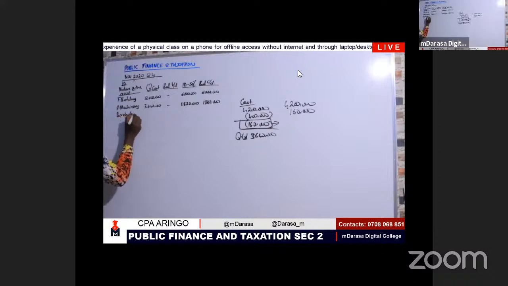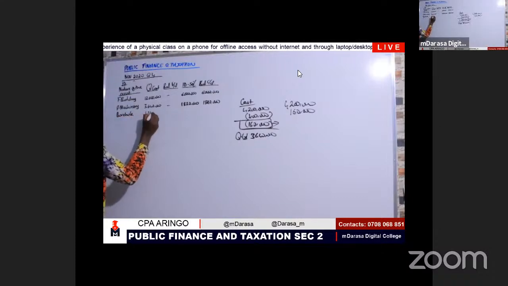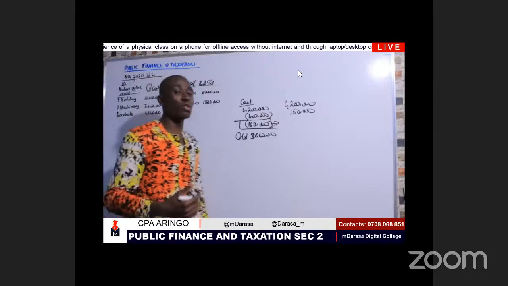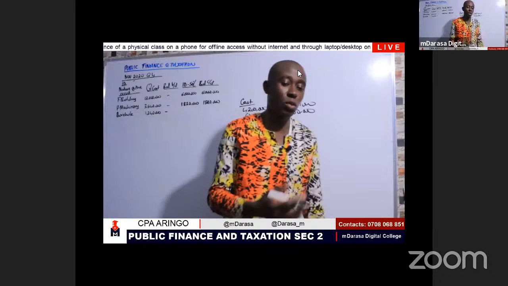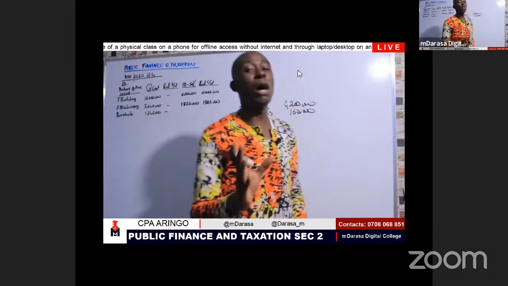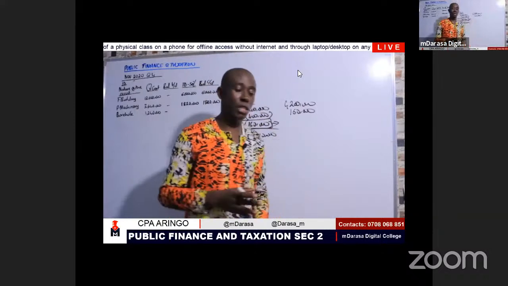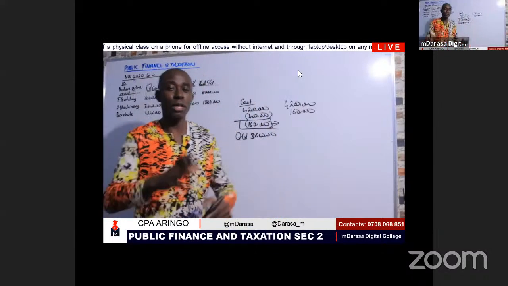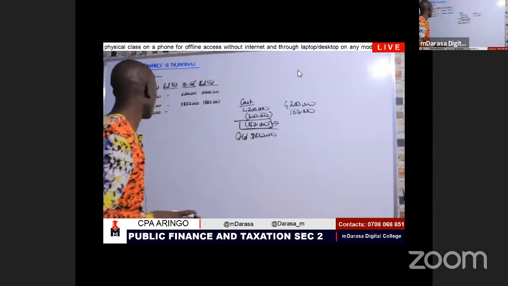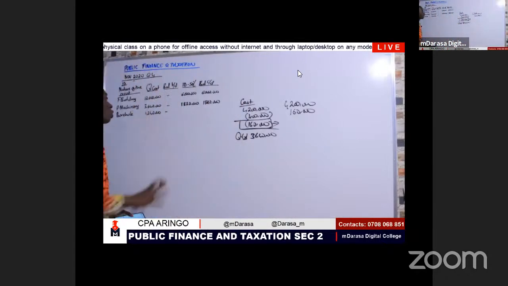For the borehole, I'm just going to take the whole figure because the remaining amount could have been an installation. But suppose you are told that this interest was not included. If this interest was not included, I was supposed to add that interest back to get the total cost of that item. But because it was included, I will not effect it there.